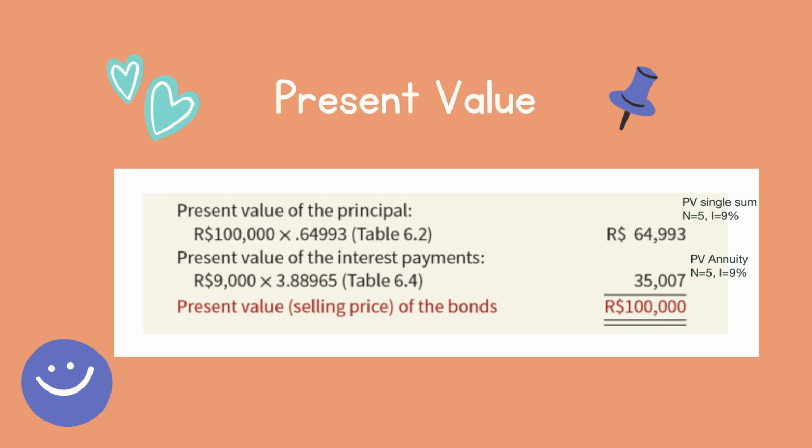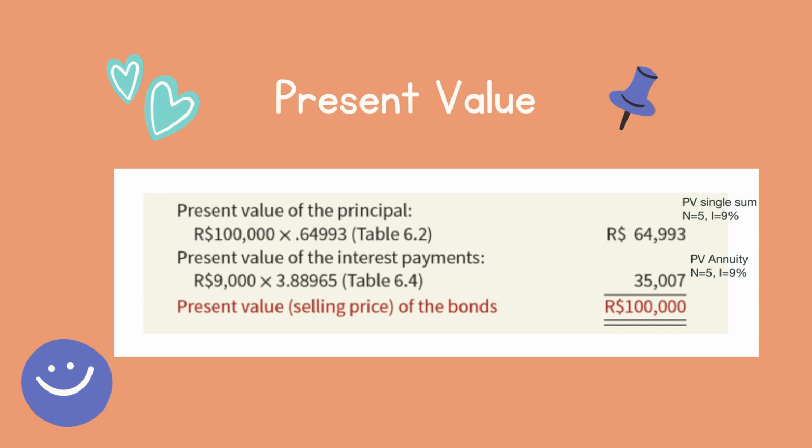So since it's gonna happen more than once, I'm not gonna use present value single sum table. I'm gonna go to the present value annuity table. Okay, annuity table, because the 9,000 will be paid 5 times, not only once like the principal. So we're gonna go to the present value annuity table at N5, I 9%, which is the market rate.